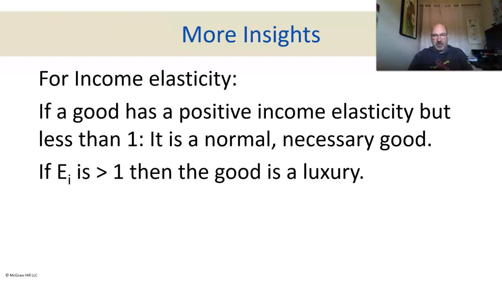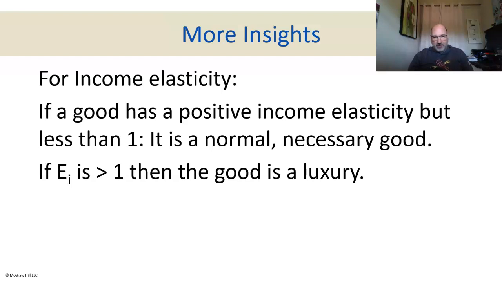Some extra insights that I have learned through different studies on income elasticity. If a good has a positive income elasticity but is less than 1, it's what we call a normal necessary good. If E sub I is greater than 1, then the good is a luxury.